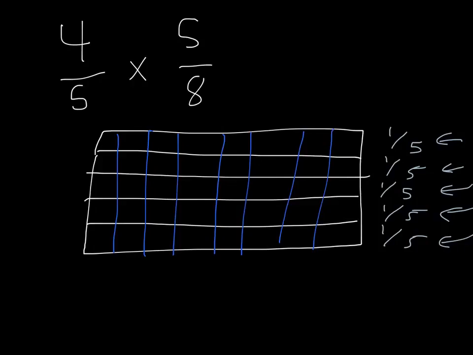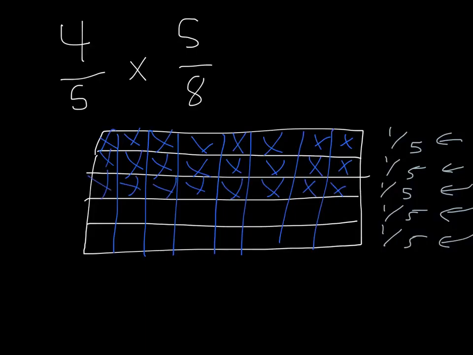So, to begin, I'm going to color in 4 out of my 5/5. So remember, my fifths lines go horizontally. So I have to color in 4 of them. So that's 1 colored in. That's 1/5. 2/5. 3/5.